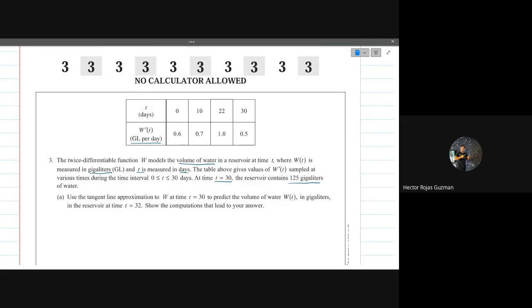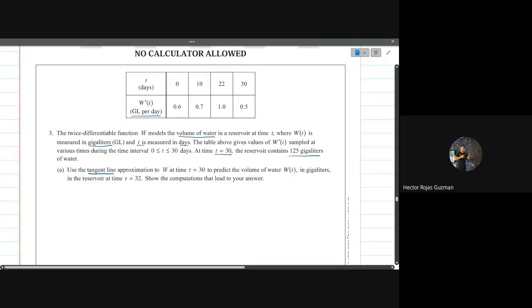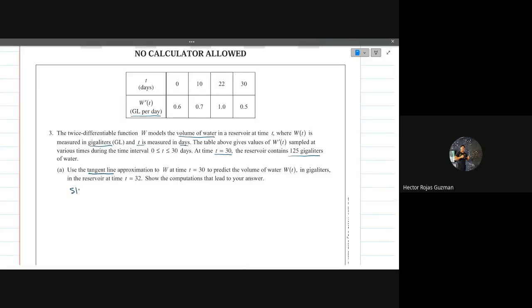Okay, so right here, the concept is that we're working with a tangent line. And if you want to make a tangent line, you should know that you need a slope and you need a point. The tangent line is going to be built at t is equal to 30. So for the slope, I need to find W prime of 30, which is given to me in the table. So that's 0.5.